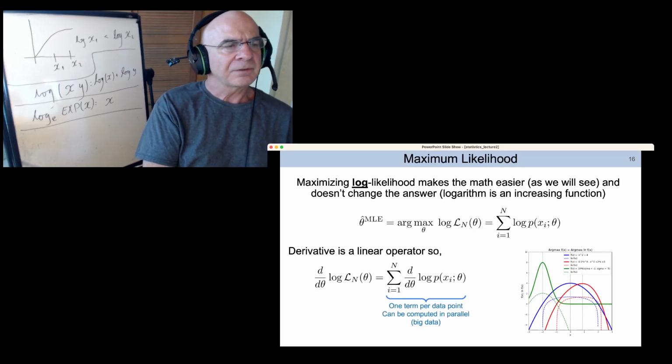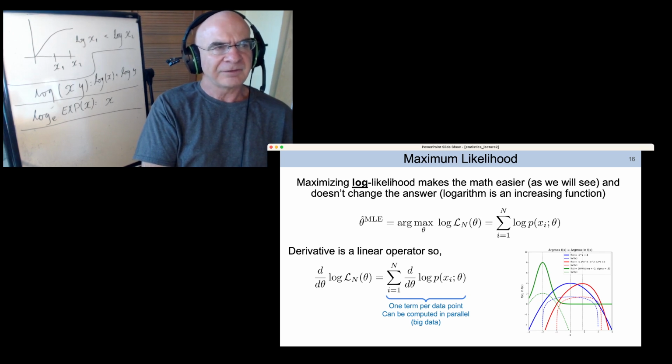Okay, so we understand the necessity to have both methods, and we would like therefore to once again maximize the likelihood of the function.